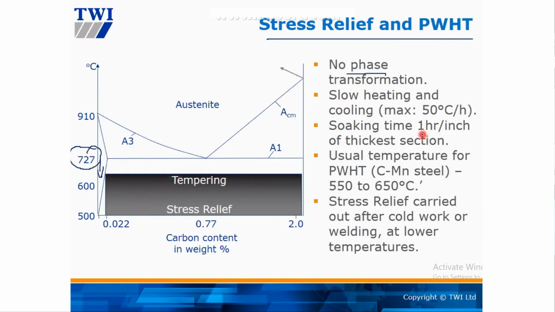If you got 2 inch, then 2 hours. And highlight this one, the temperature for PWHT, 550 to 650, highlight this. Stress relief is carried out after cold work or welding at lower temperature, which is at the lower critical temperature or lower critical point.